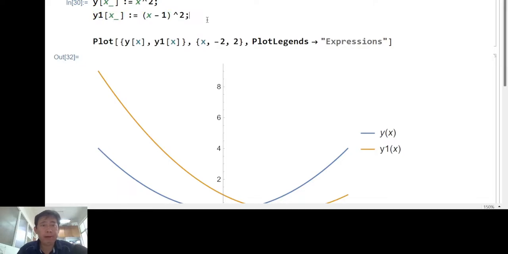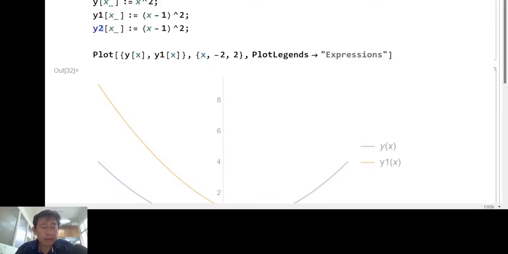So I'm going to have my function, I call it y2. y2 is defined to be the function of y, where x is replaced by x plus 2. Okay, so this is obtained by replacing x in y by x plus 2. And the new function obtained after this substitution, I call the function y2. So I can then plot the function y2.